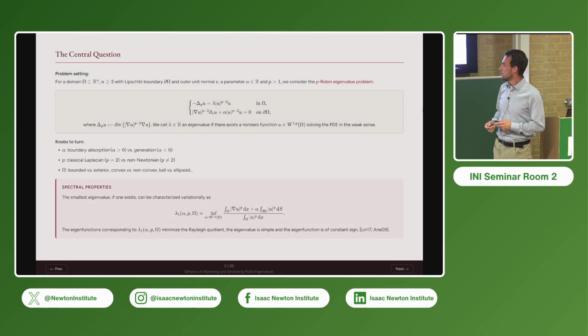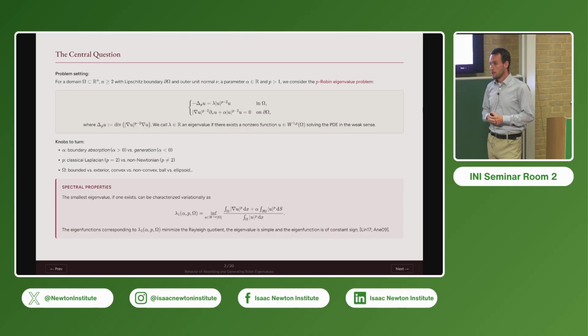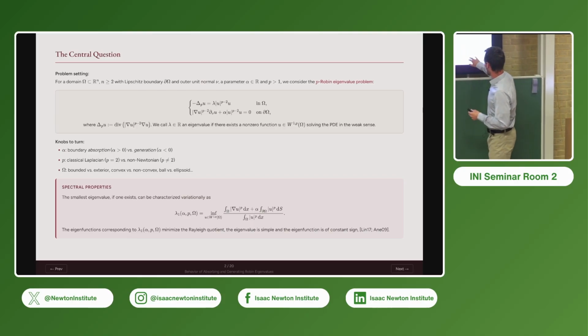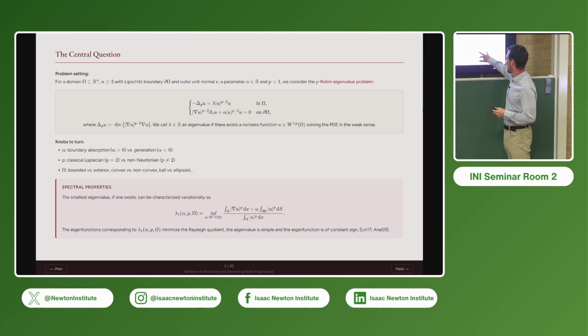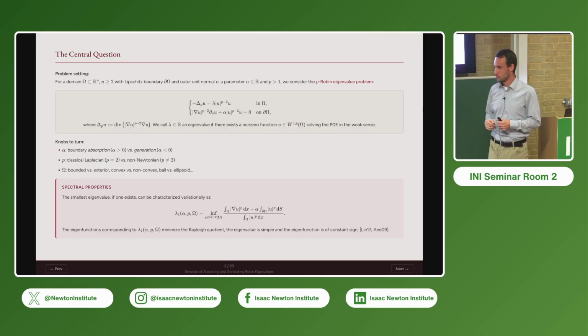Is there a simple way to explain why the first eigenvalue is simple? I cannot give you one from the top of my head. It is written down in one of these two papers here. I will take a look at the papers later more carefully, and maybe we can talk about this tomorrow.